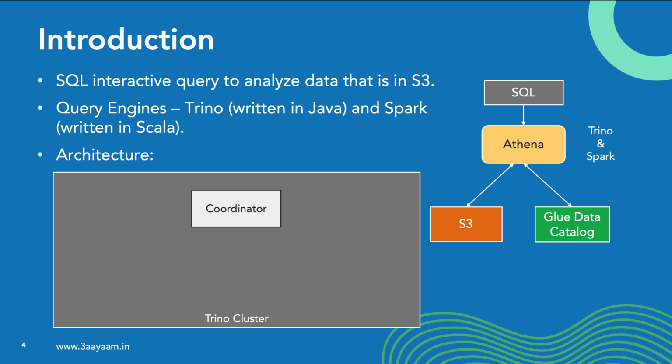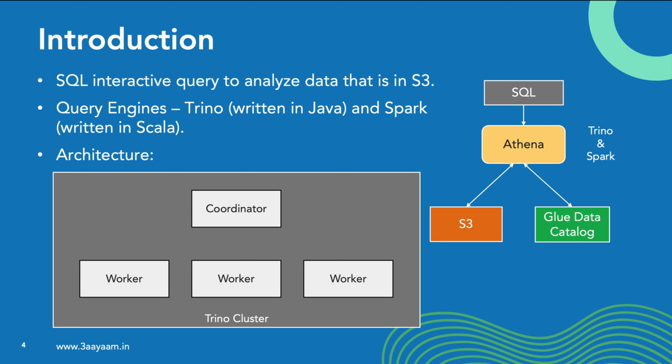But in a Trino cluster, the nodes are divided into coordinator nodes and worker nodes. By the name, you can imagine what these do. Of course, all these nodes are connected to each other, and the client sends the SQL query to the coordinator. In our case, the client would be either the Athena API or the Athena console, etc.